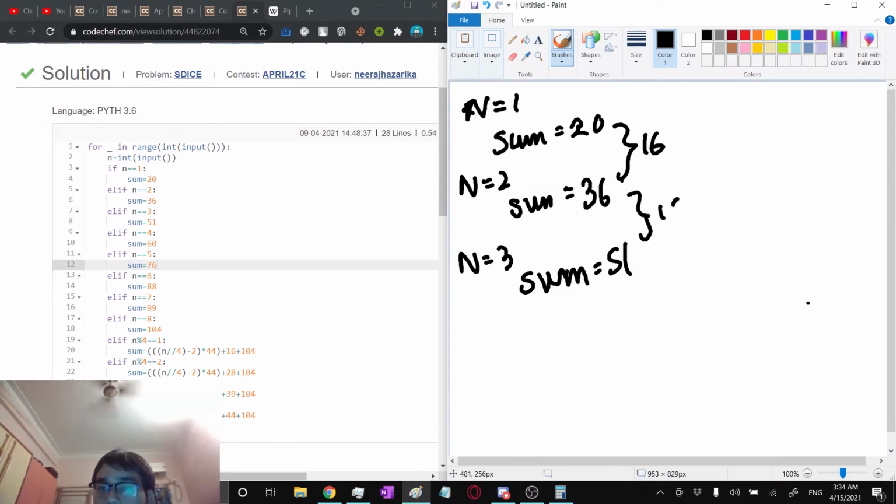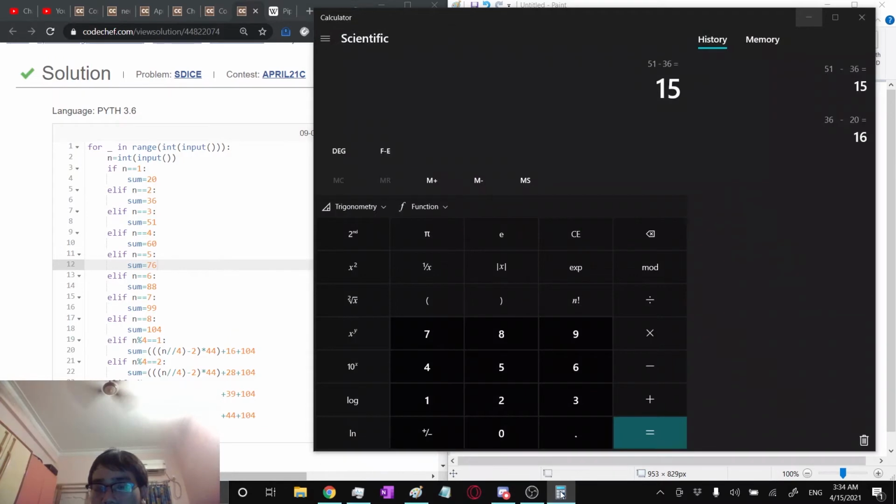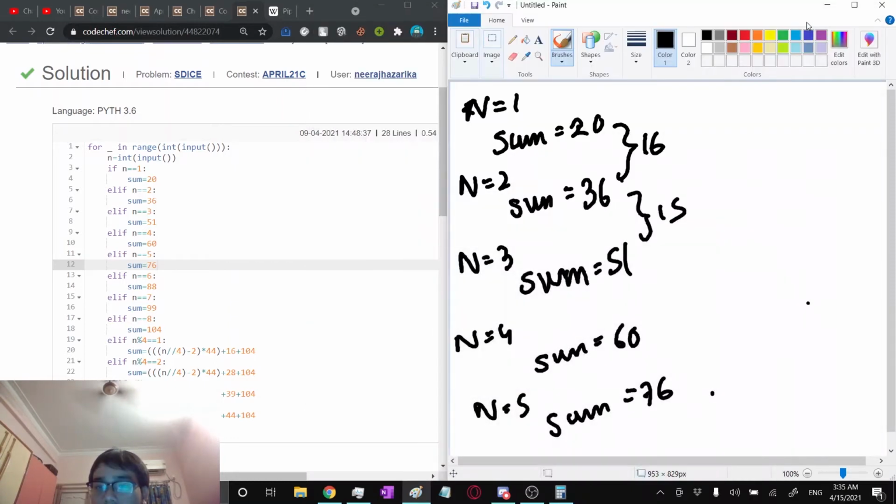Let's add 15 over here. N equal to 4, sum equal to 60. N equal to 5, sum equal to 76. 51 minus 36, 15. This is clearly 16.